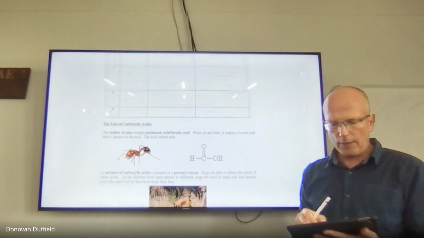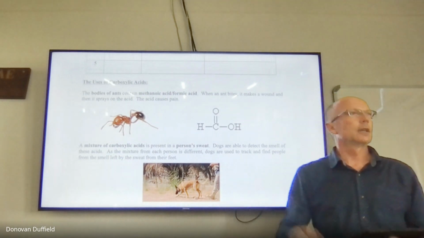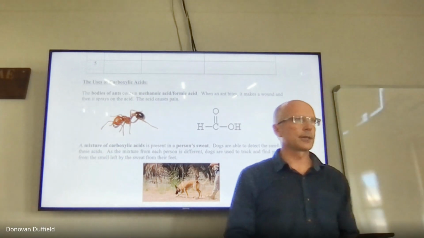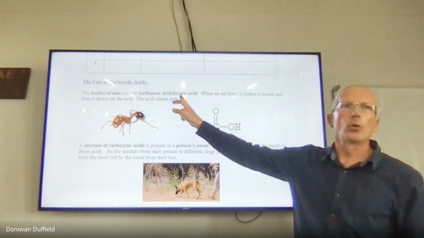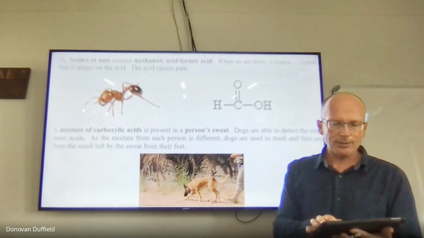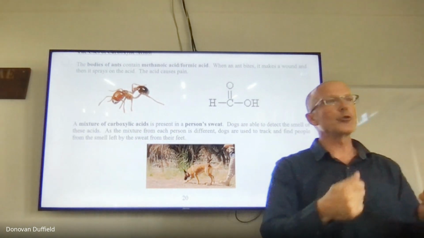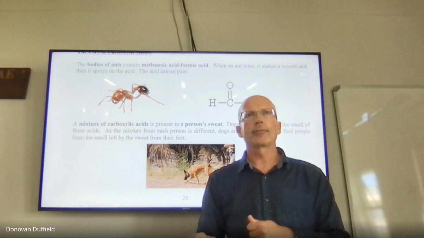Have any of you ever been bitten by a red ant? You got injected with methanoic acid, also known as formic acid. All right, and this is really interesting. You know that all of us have got a unique sweat signature.